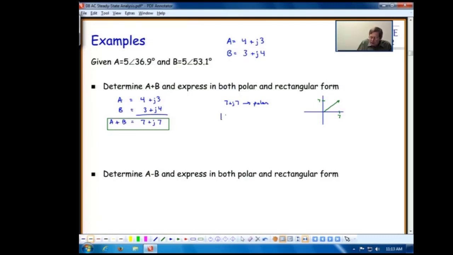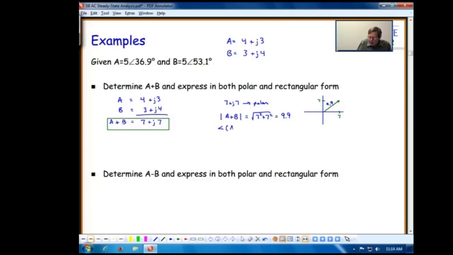So the magnitude of A plus B is going to be the magnitude of 7 plus J7, which is the square root of 7 squared plus 7 squared, or 9.9. So we have a magnitude of the vector of 9.9.